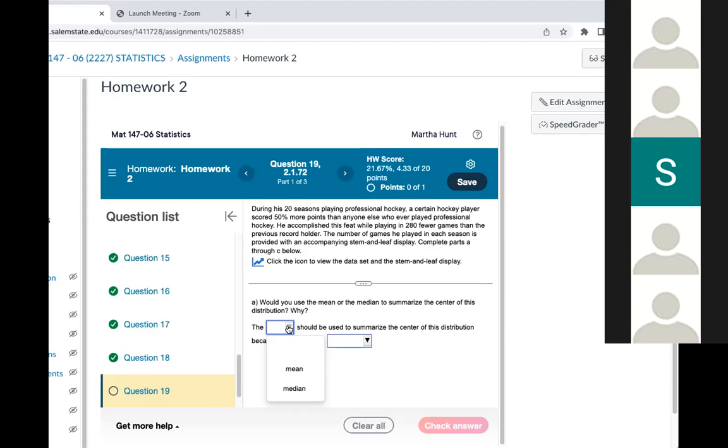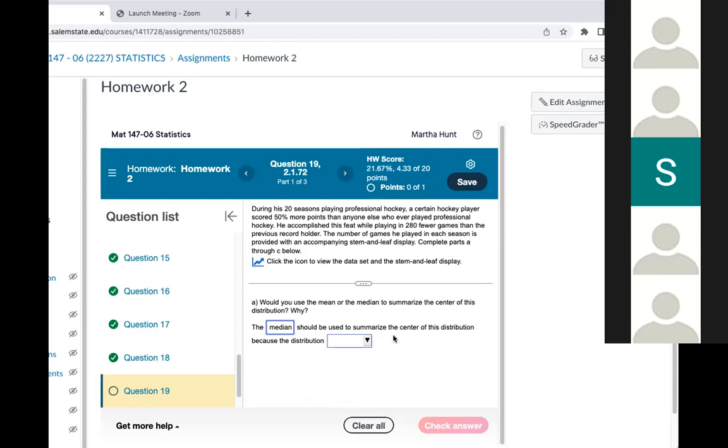When it takes into account those very low values, you think the number of games played is smaller than it really is. So you won't use the mean because it's inflated, it's deceptive, it's influenced by those small values. Skewness, prefer the median.